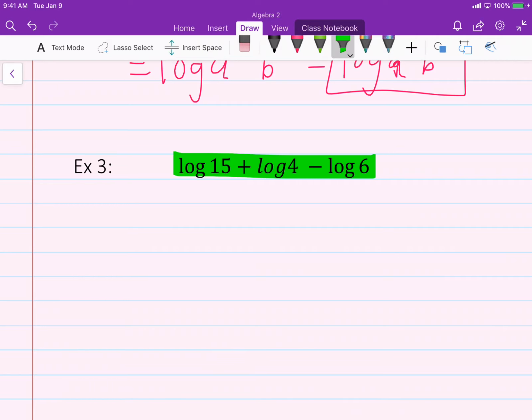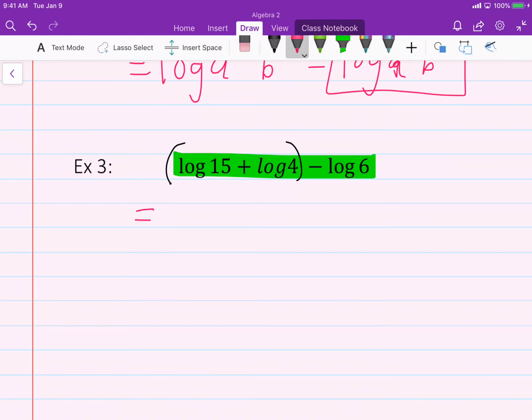So what you would do here is work with your order of operations, right? We're going to first work with these two. We're going to get an answer, and then we'll subtract it by the log of 6. So with that first pair of logarithms, we have the log of 15 plus the log of 4. Remember, two terms.